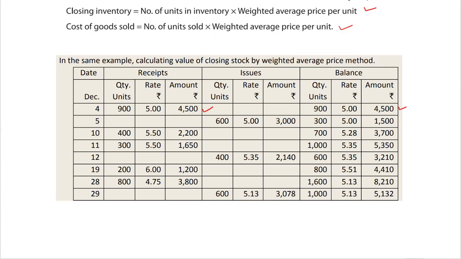On 10th of December, again there is a receipt of 400 units, so 400 multiplied by rate 5.5, total 2200.